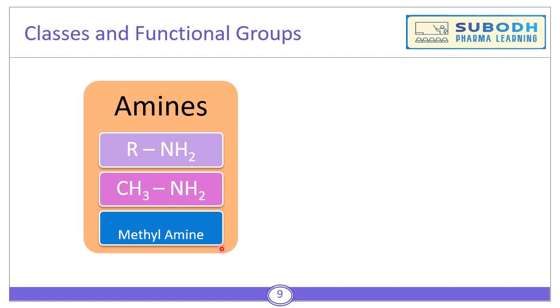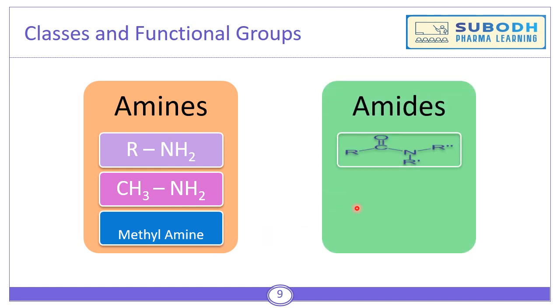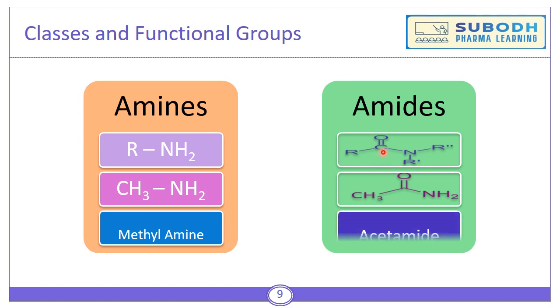The amides have the structural formula CONH2. For example, acetamide. When you observe the structural formulas of amines and amides, you will see the -NH2 group is present in both classes.